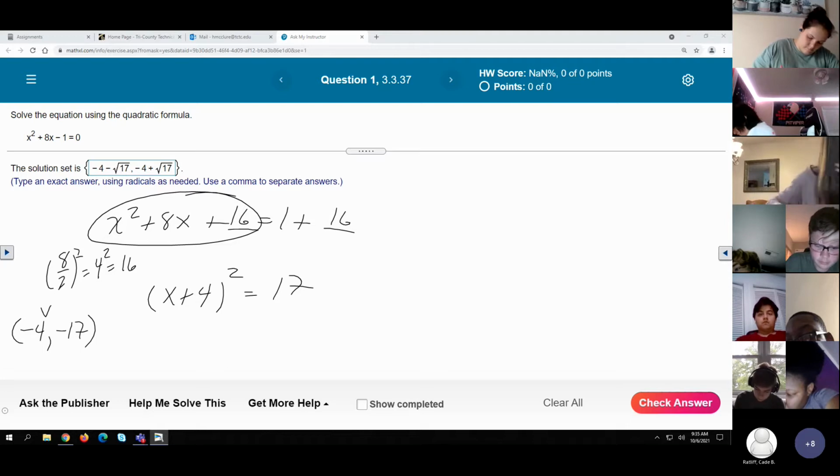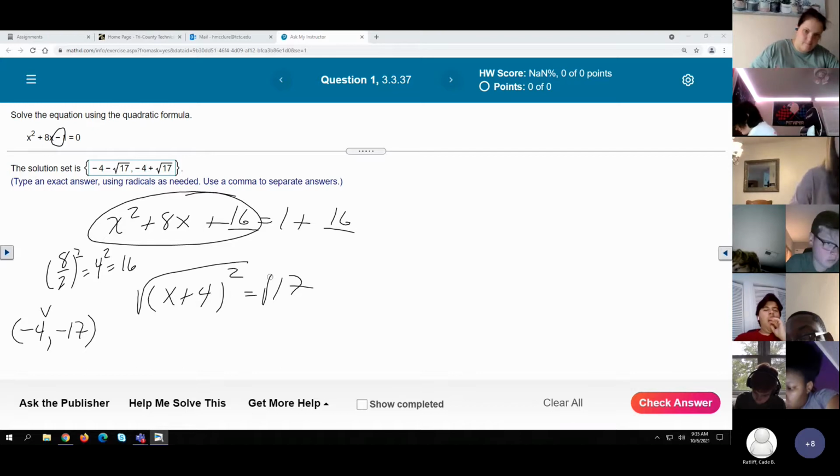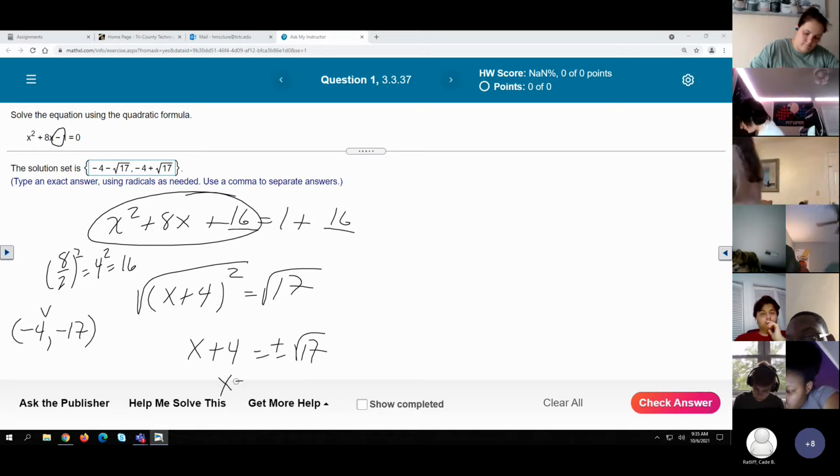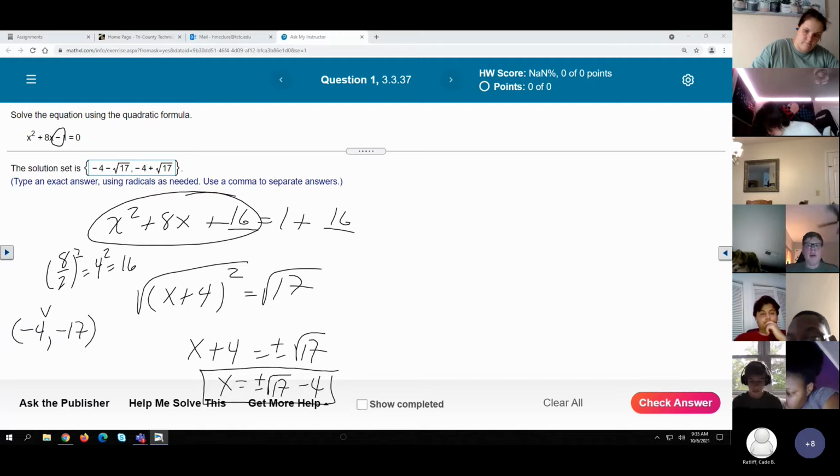And the vertex is -4 and -17. That's the vertex. Your y-intercept is -1. And take the square root. X plus 4 is equal to positive or negative square root of 17. X is equal to positive or negative square root of 17 minus 4. Now, how they want it typed in, read the directions, and I think that's pretty much it.